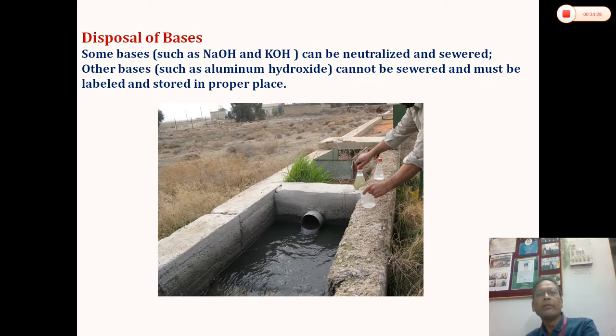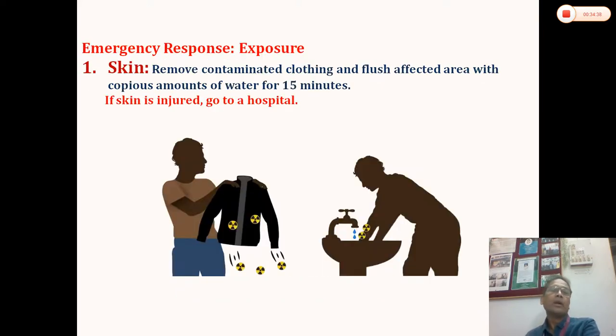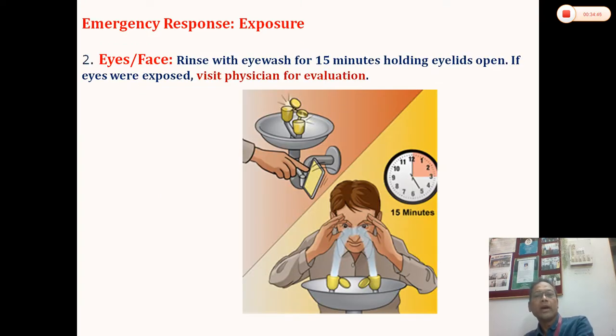But because of this sewage, the soil is affected, and crops may be affected by the disposal of these bases. To protect the skin, you have to wear aprons. Wash your hands and eyes if they are affected.